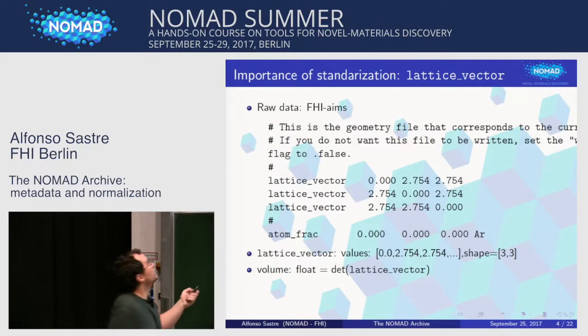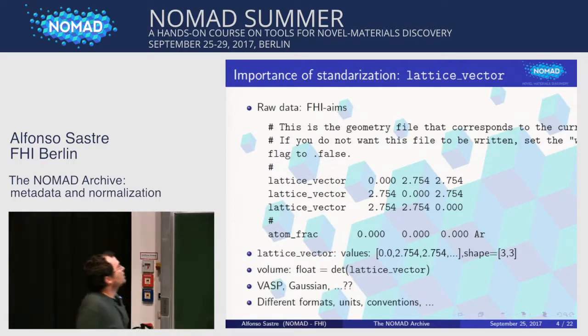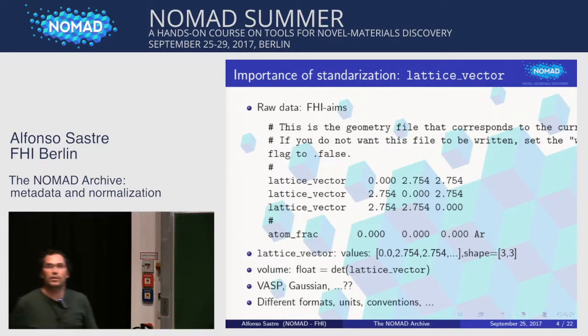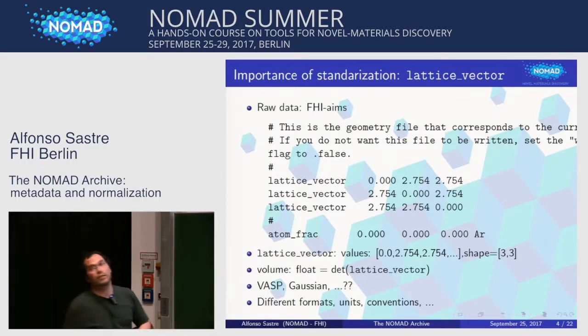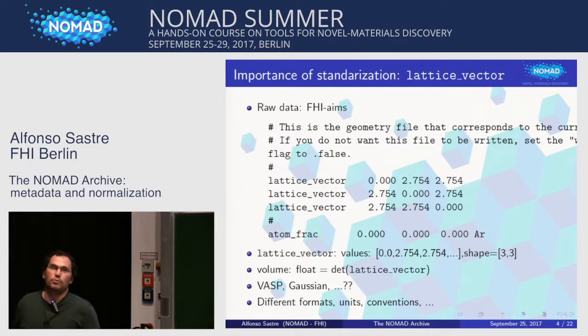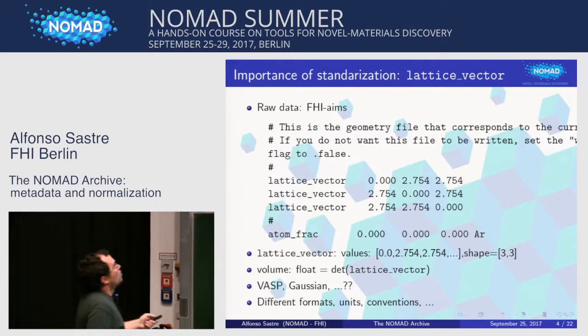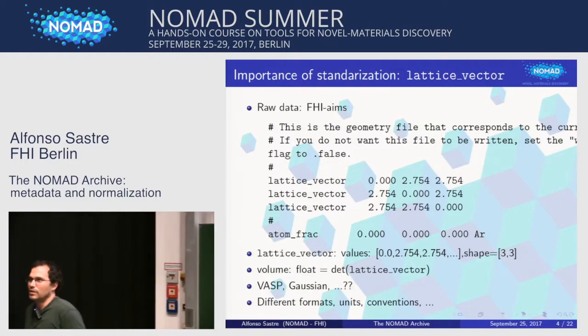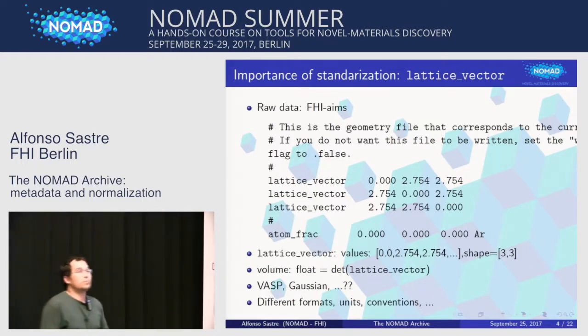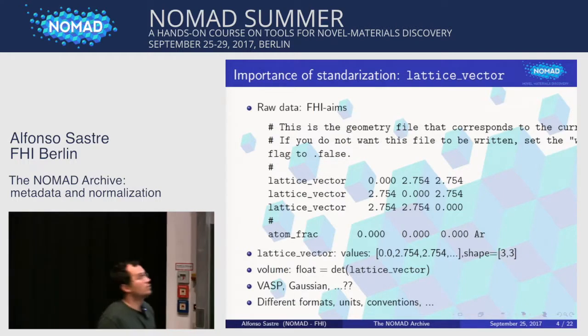That's okay for this code. But what happens if I have to do the same with another code? Then probably I have another format here, I have to write other regular expressions, I have to do other things, I have to do this with 30 codes, a lot of work. Also probably the units are not the same, so that can be a lot of work, mostly if I don't know the codes. Okay?